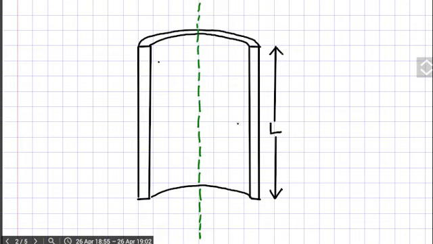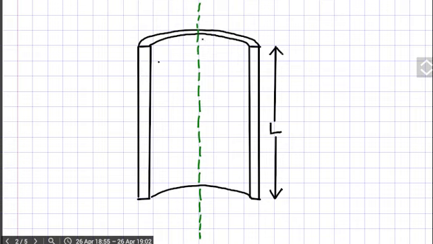The first step is to choose a suitable coordinate system. Because it is a cylindrical pipe, we have chosen the cylindrical coordinate system. And where is the axis for that? This is the axis, the middle axis of the pipe. Now we have to fit the cylindrical coordinate system in this, and every coordinate system has 3 axes.